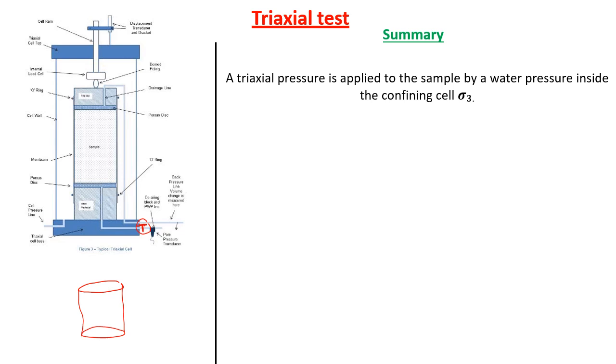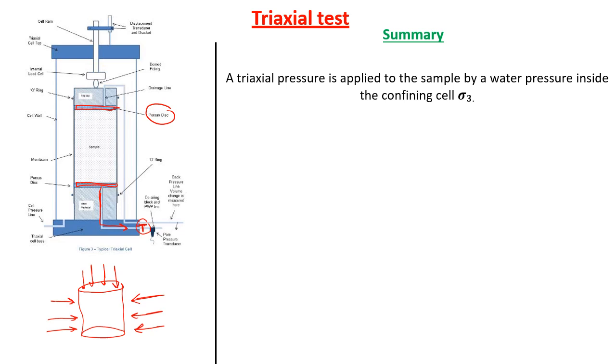It has got some porous discs above and below the soil sample, and it's connected to a tube where you can control the drainage of water through a valve. So the first step is to allow some water under pressure to enter the cell so that you have applied a cell pressure on the soil sample in all directions.